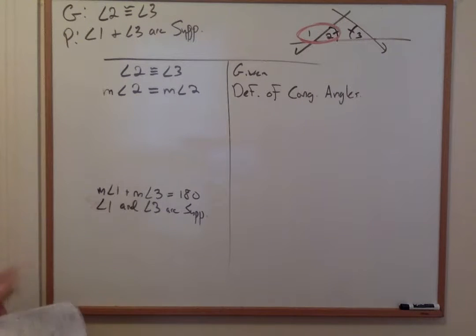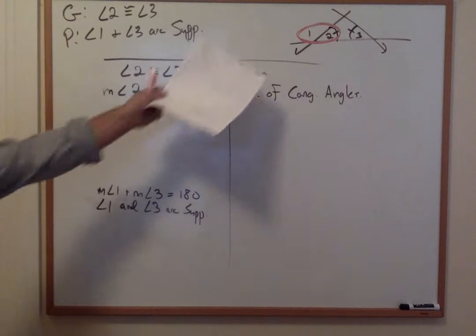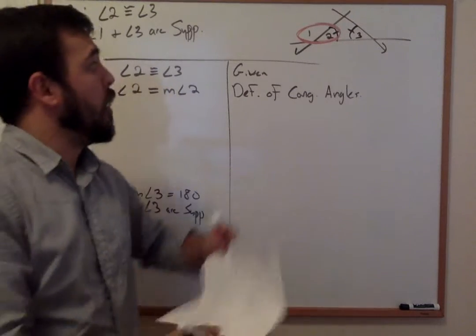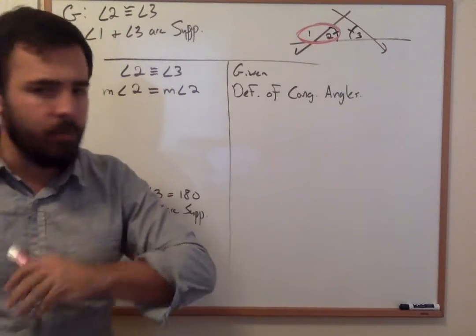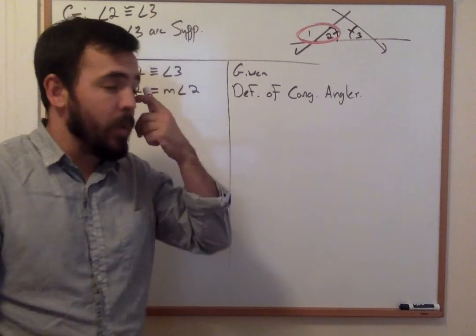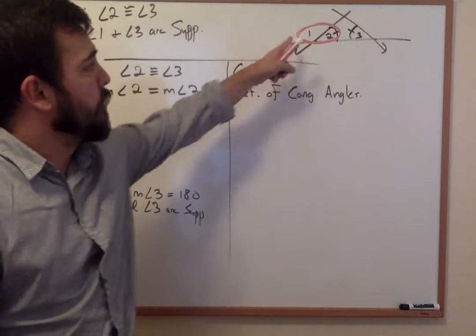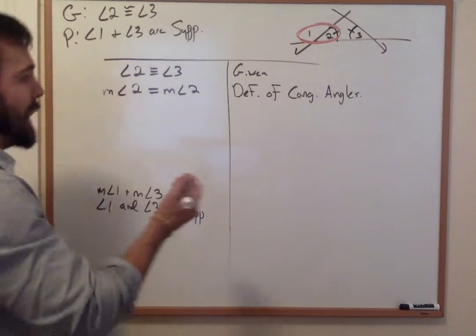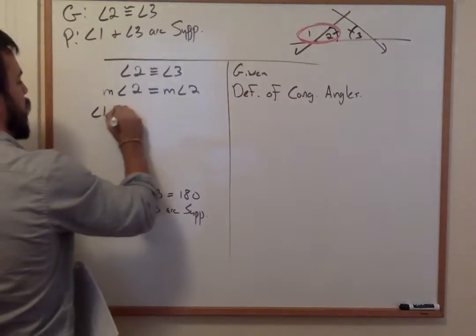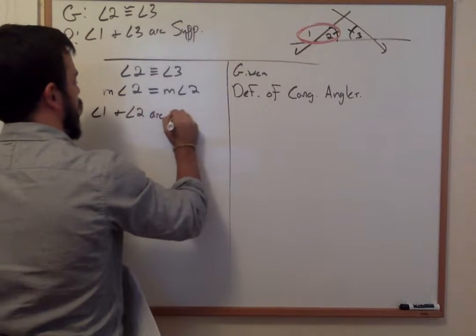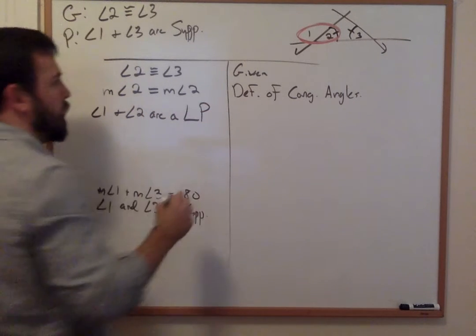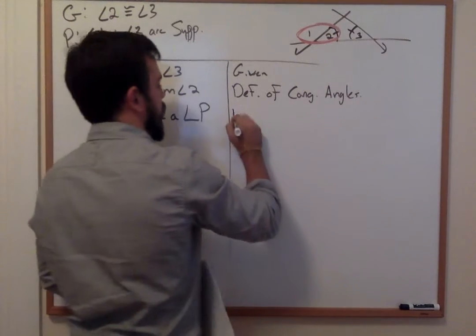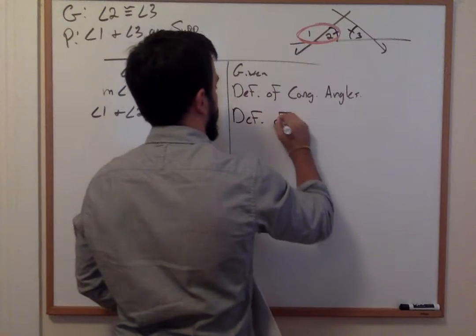Well, now we need to work on introducing that supplementary relationship that we do have. Now, we cannot just say, oh, 1 and 2 are supplementary. We can't do that, okay? What we can do is say, hey, those two angles, based on how they look, they are a linear pair. So angle 1 and angle 2 are a linear pair. How do I know that? I know what the definition of linear pair is.